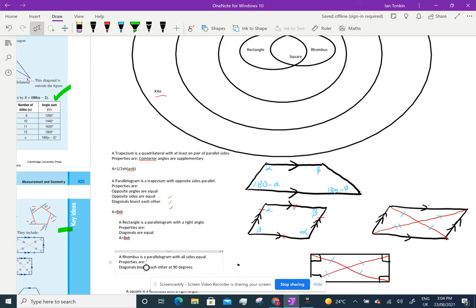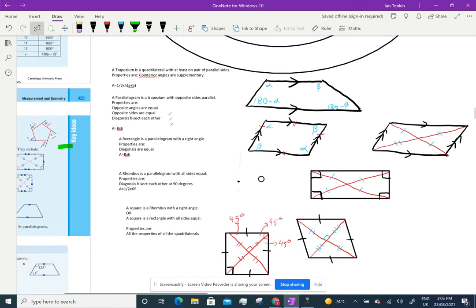What about a rhombus, where area equals a half times X times Y? Can't use, we're going to use a capital X, where x and y are the diagonals.